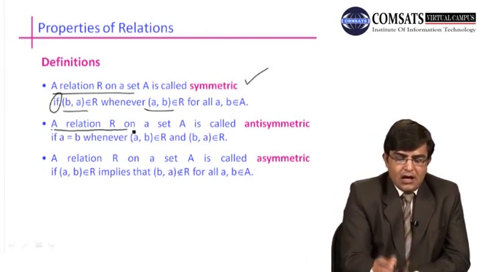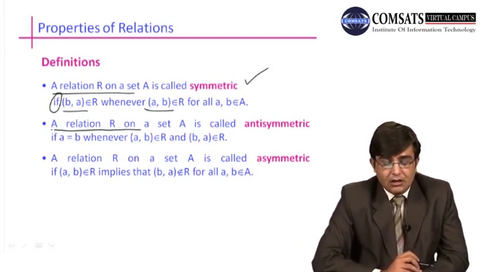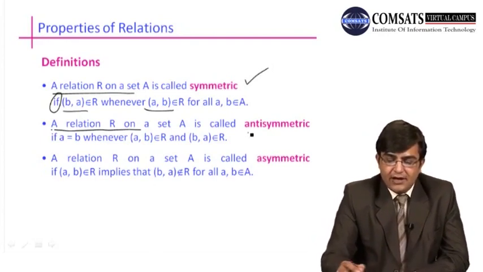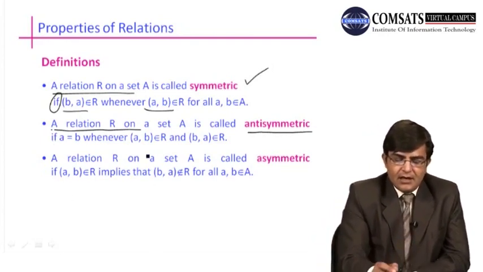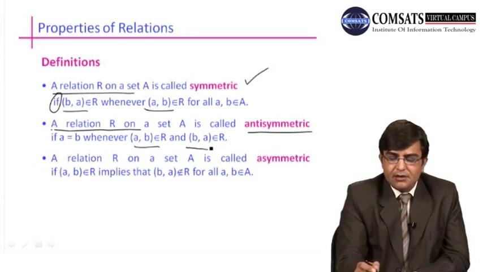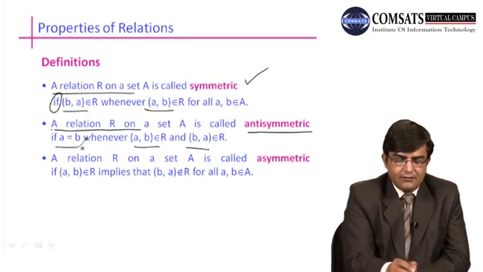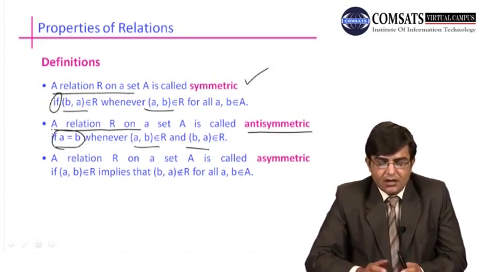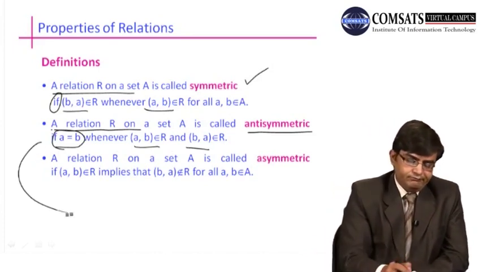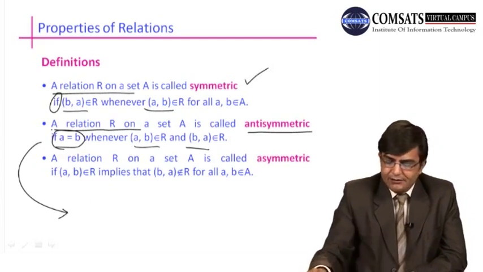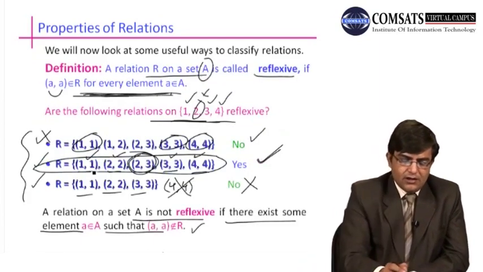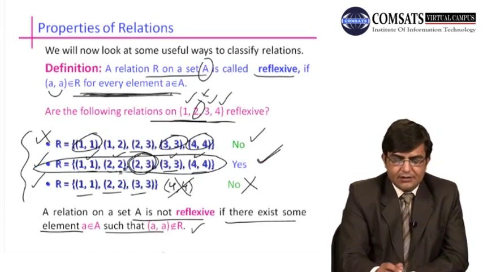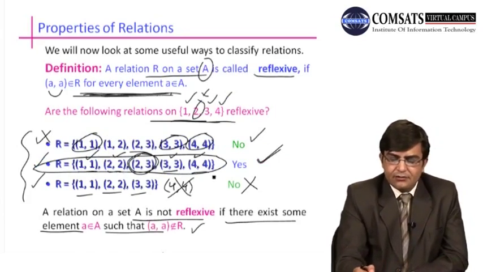A relation R on a set A is called antisymmetric if AB belongs to R and BA belongs to R only if A is equal to B. As in the previous case, 1 1 is present here, 2 2 is here, 3 3 is here, 4 4 is here.